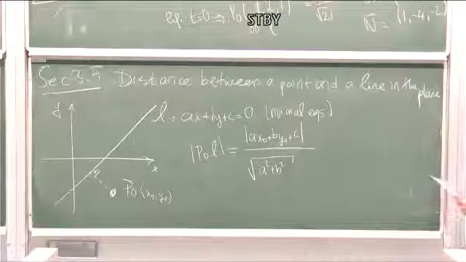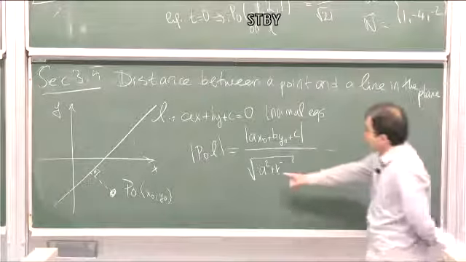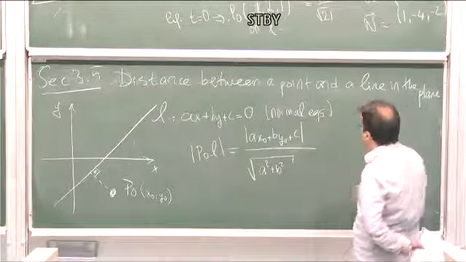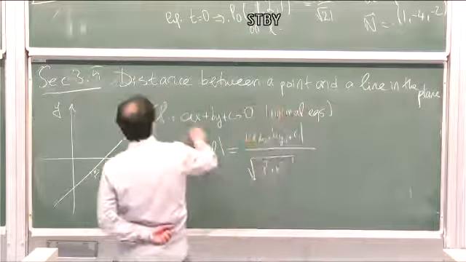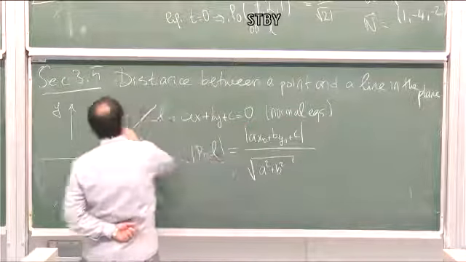All right, now what is this vector? This will be a normal vector. I leave it to you as an exercise to see that. This is ax plus by plus c.